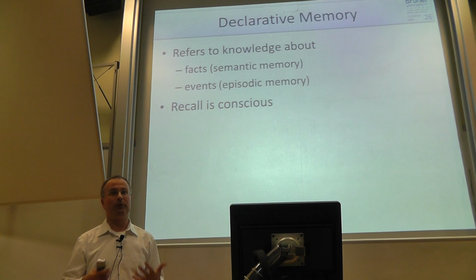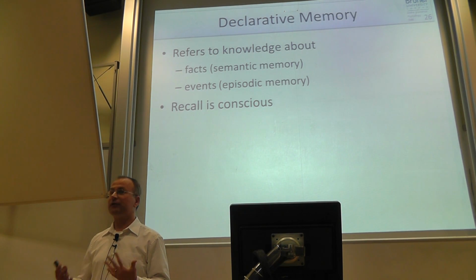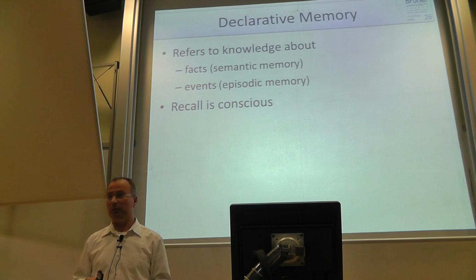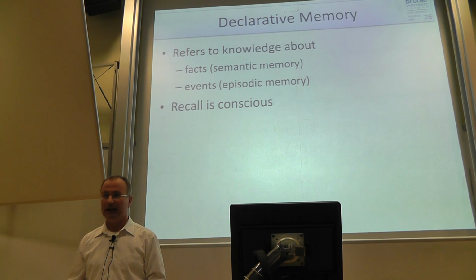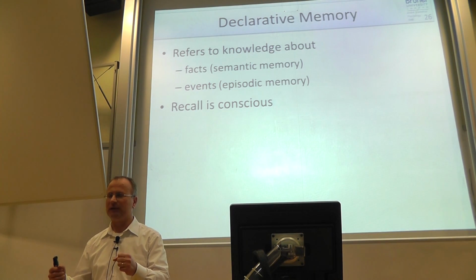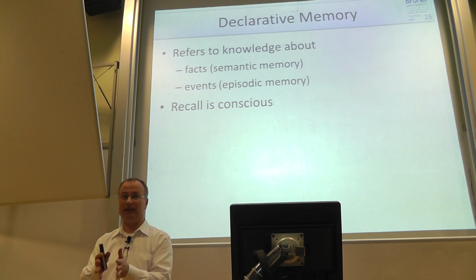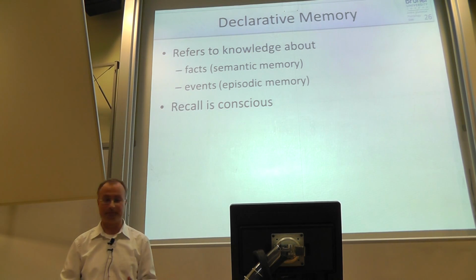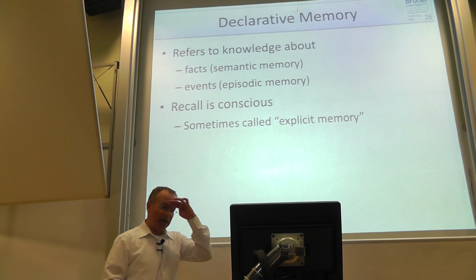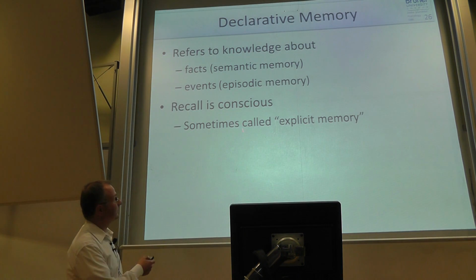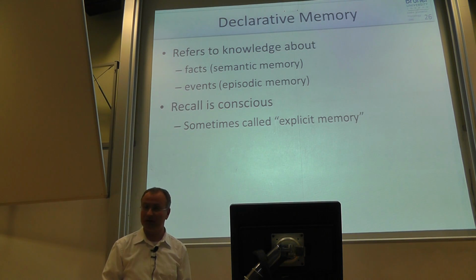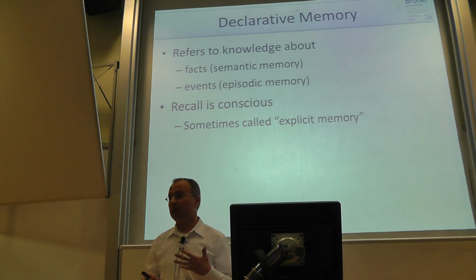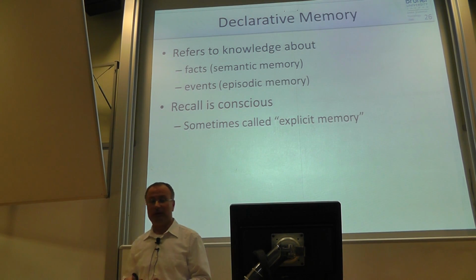That's different to procedural memory, where it's typically unconscious. When we start to ride a bike, it's not that we consciously think, okay, I have to lean slightly more leftwards to keep balance. Because recall is conscious, it's sometimes also called explicit memory, while procedural memory is sometimes called implicit.